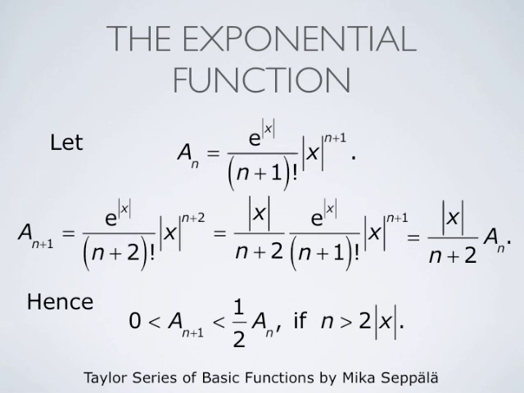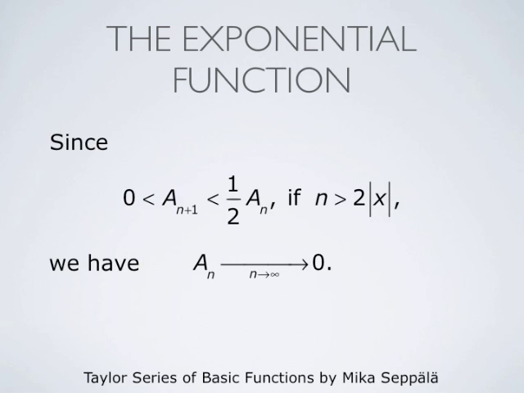Therefore, if n is larger than 2 times |x|, 0 is less than a_{n+1} is less than 1/2 times a_n. And this double inequality means that as n grows towards infinity, the limit of these numbers a_n must be 0.